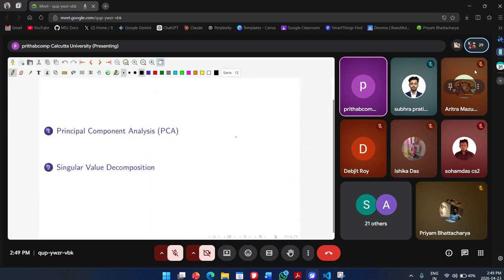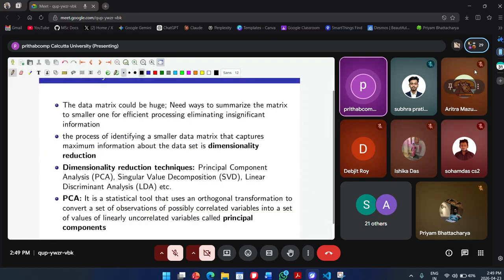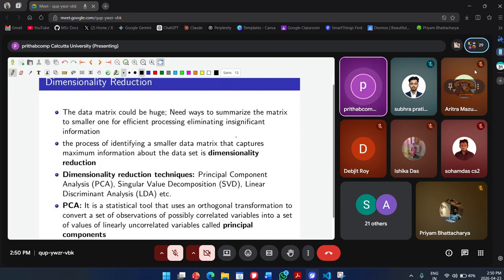Okay. So what I said just now is all given over here, dimensionality reduction. So the data matrix could be huge.